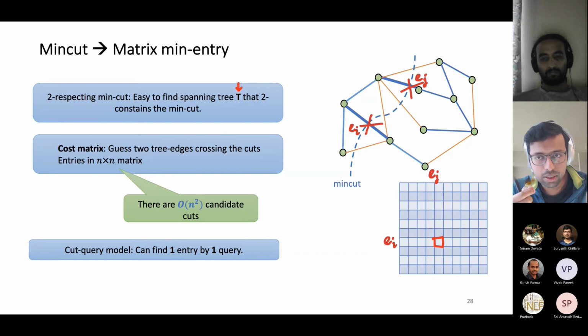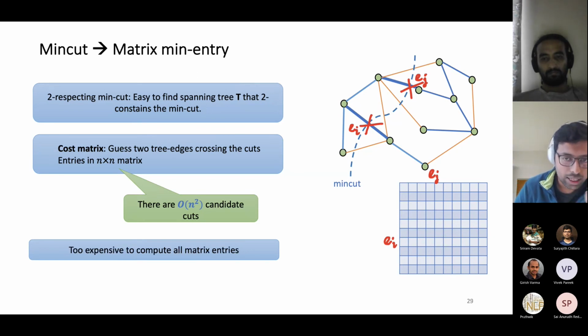And how are you going to do that? Suppose you want to find the ith and the jth entry, you're going to look at the tree, find the bipartition of the vertices which respects ei and ej, and you can ask the oracle for the value of the cut. But again, as before, you cannot just go on and ask everybody. That's too expensive. That's order n square expensive.